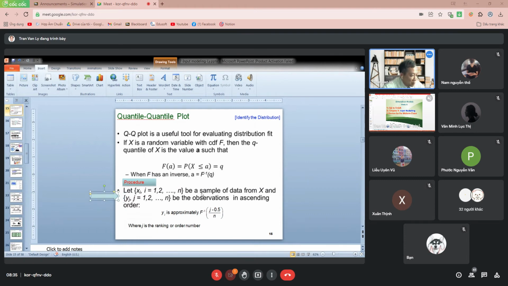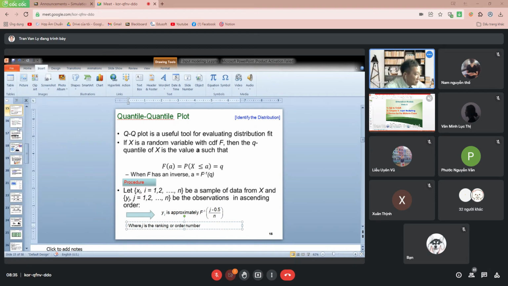Sample data from X, the observations. We put them in ascending order, so we have the ordered values, and J is the rank.